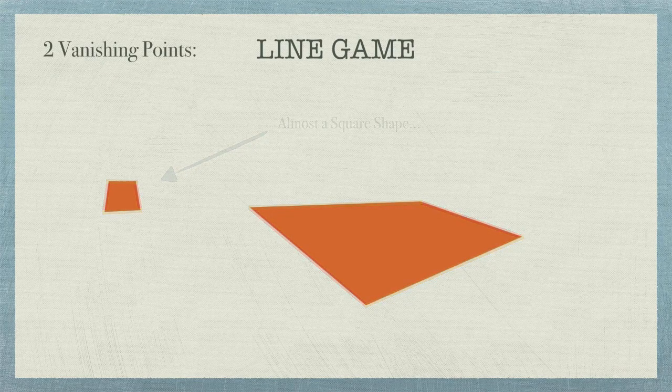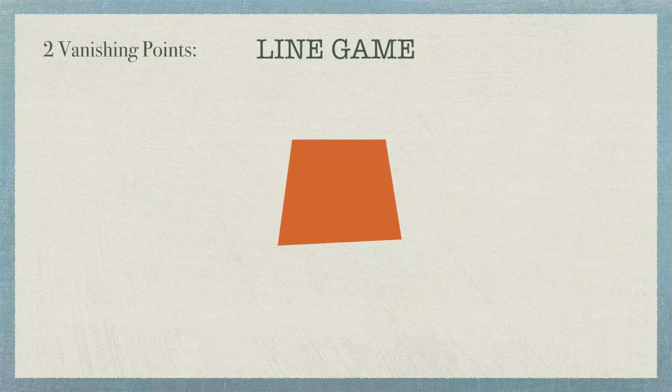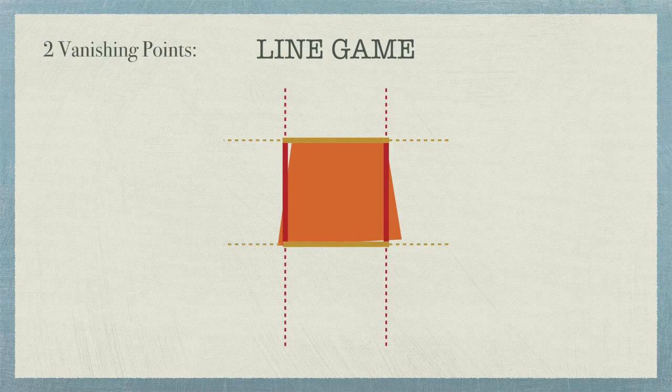And we could actually make this shape look even more like a perfect square by simply moving the red vanishing point further and further upwards, and by moving the yellow vanishing point further and further to the right. In fact, if we were to have these 2 points move and approach distances that were infinitely far away, then any orthogonal line drawn from them will always appear to be parallel with one another, and we will be able to color in our perfect square without any issues.